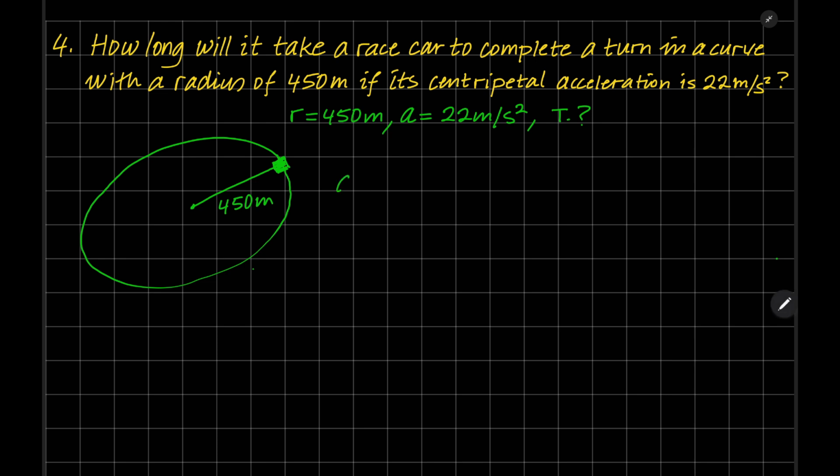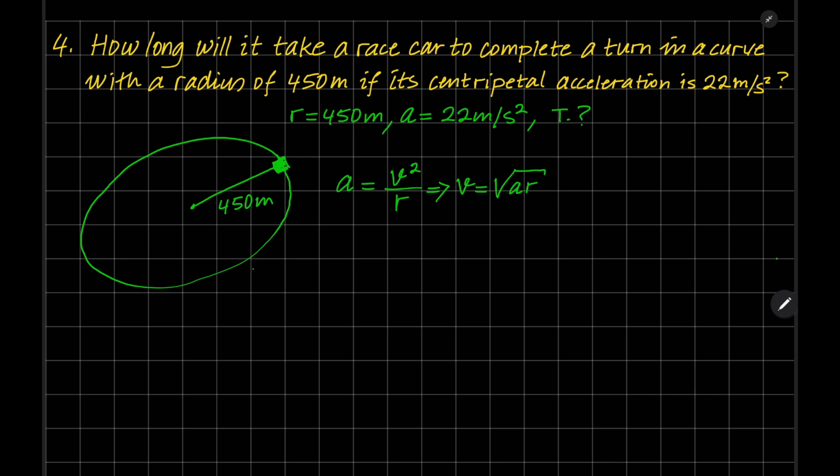We know that the centripetal acceleration is equal to v squared over r, which implies that velocity is equal to the root of acceleration times radius.